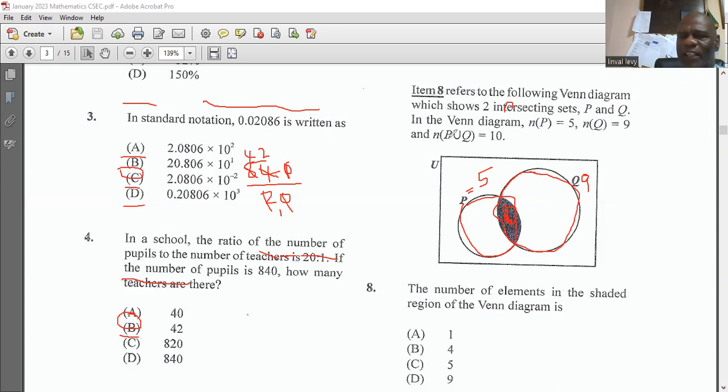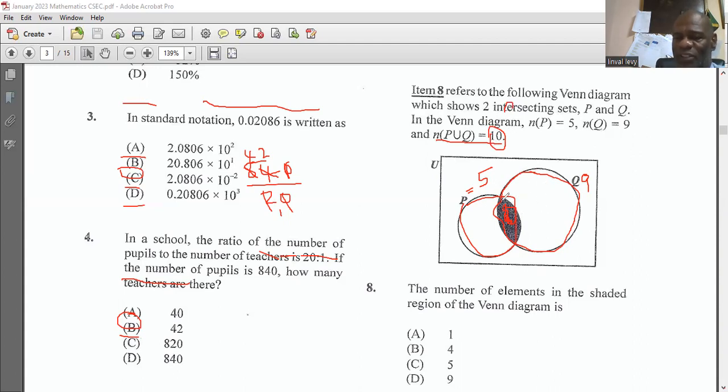Then they say the number in P union Q is 10. Now P union Q means when we combine the elements of both sets, it is 10. So between both sets, you have 10 now. If you notice, when you add 9 and 5, you get 14. So that would surpass this 10 here. But the total number in both of them is 10.